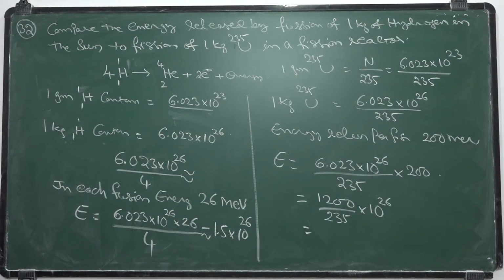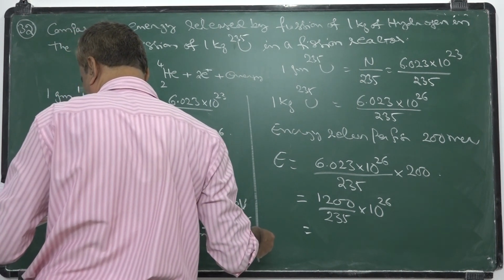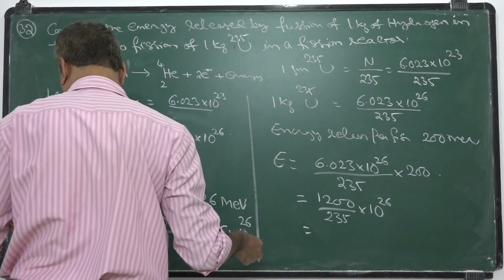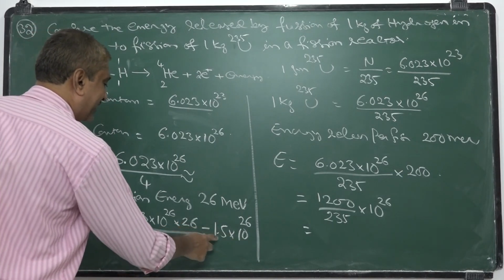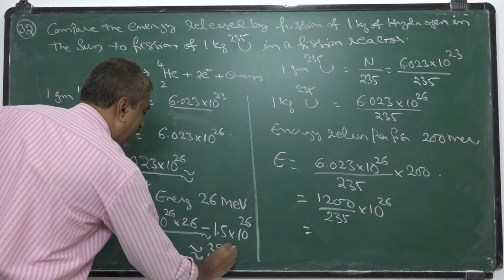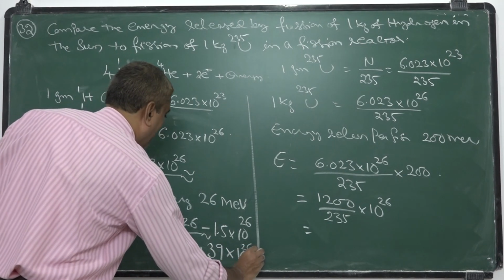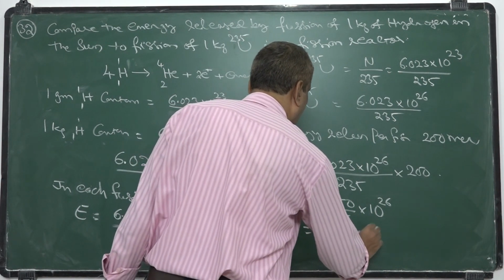So this is approximately 1.5 into 10 to the power 26, and the other comes to approximately 5.1 into 10 to the power 26 MeV.